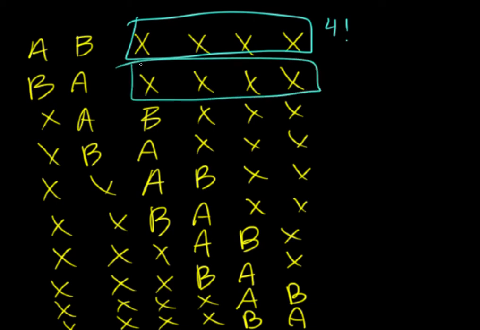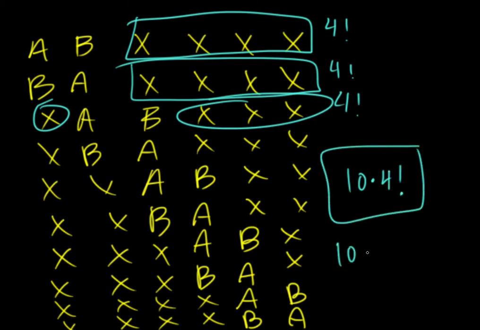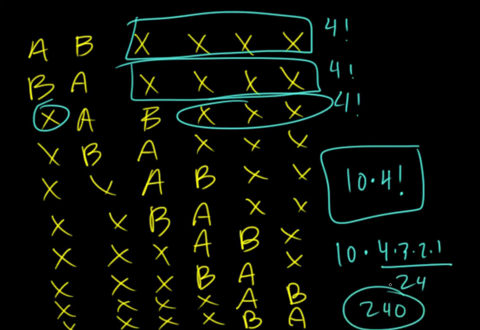This would be another 4 factorial, this is another 4 factorial, etc. So we have 10 4 factorials, and so we could do 10 times 4 times 3 times 2 times 1, and that's going to give us 24 times 10, so there's 240 different ways.